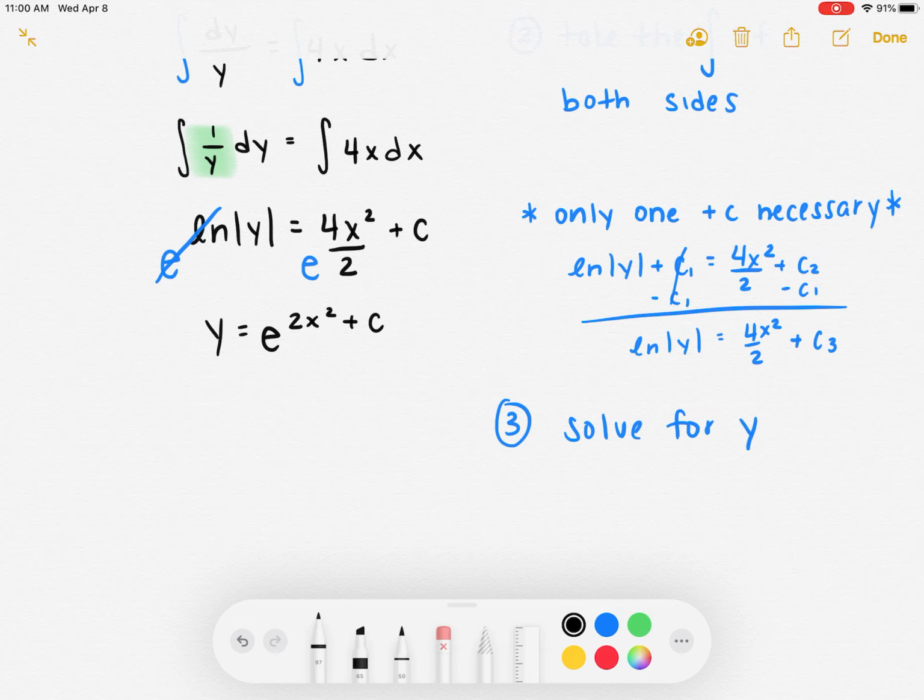Now I can leave it like that and that can be my final solution. Or if I want it to be extra fancy, I know that when I have two exponents that are adding together, that means they originally had the same base and were multiplying.